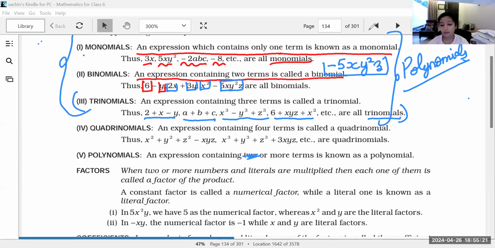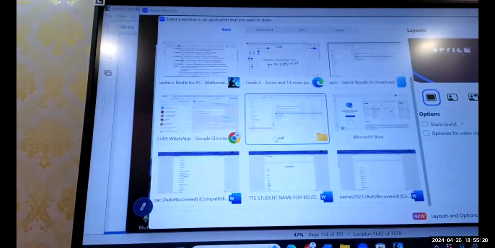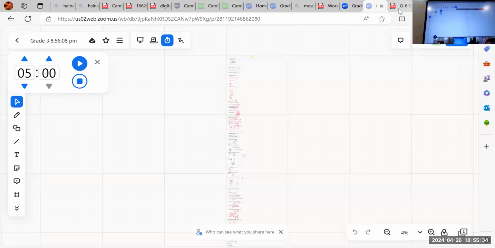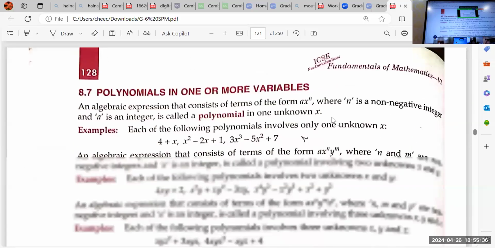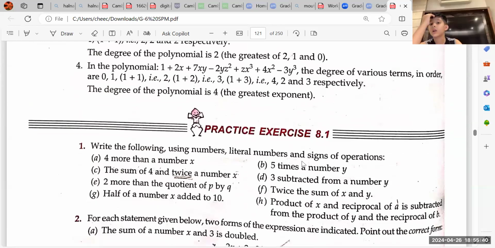This definition of polynomial differs from book to book. So what's a quadrinomial then? Quadrinomial is for four, but generally we study it as trinomial only.